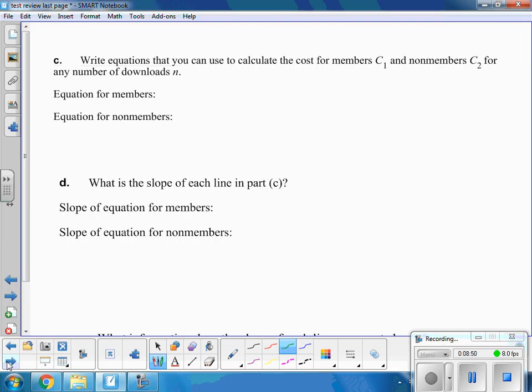Write an equation that you can use to calculate the cost. We did it. Totally did that. For the equation for members, we found out that if we keep it algebraically with the y's and stuff, the equation for members was the $80 plus the $1 per download. If we think of it in the context, my cost is my original $80 to start up with, plus $1 per download.